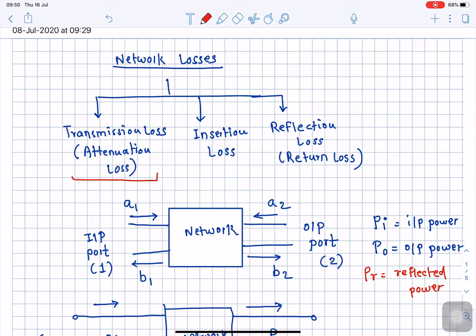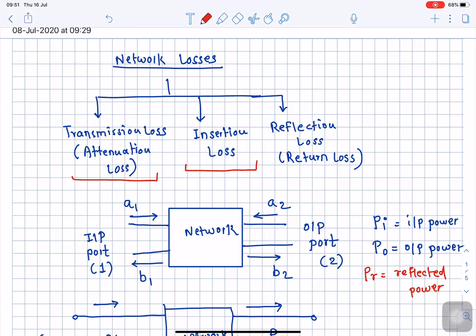The second type of loss which we normally encounter in microwave devices is the insertion loss. The name itself indicates that whenever some third device is connected in between two devices, there is a reduction in the signal amplitude. This signal reduction takes place because of the insertion of that third device between the two devices, and we'll see the formulation in detail later on.